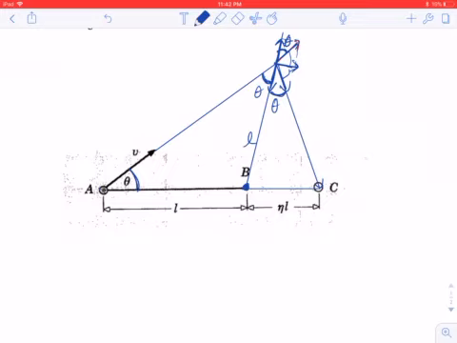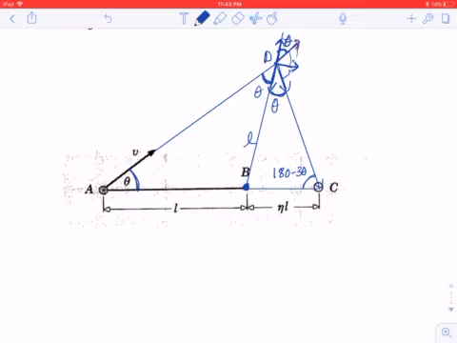Now we have to develop some equation in terms of theta. How to do that? Here we would have the angle as 180 minus 3 theta, because in triangle ADC we know the two angles are theta and 2 theta. So obviously this will be 180 minus 3 theta.